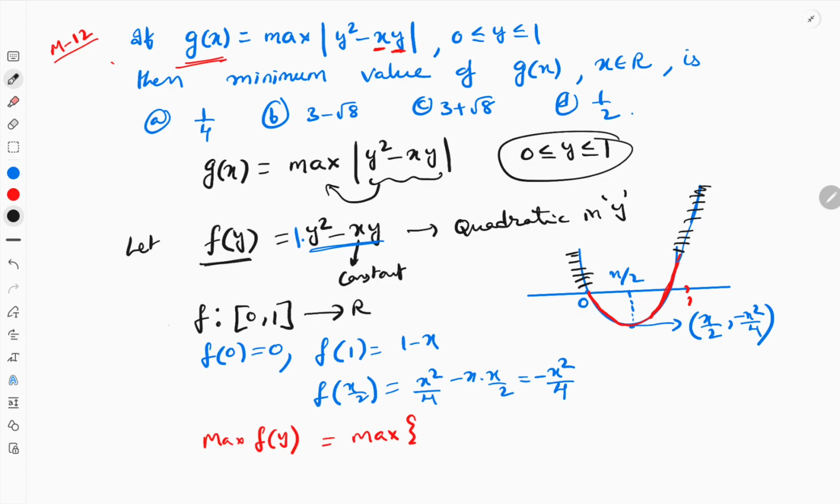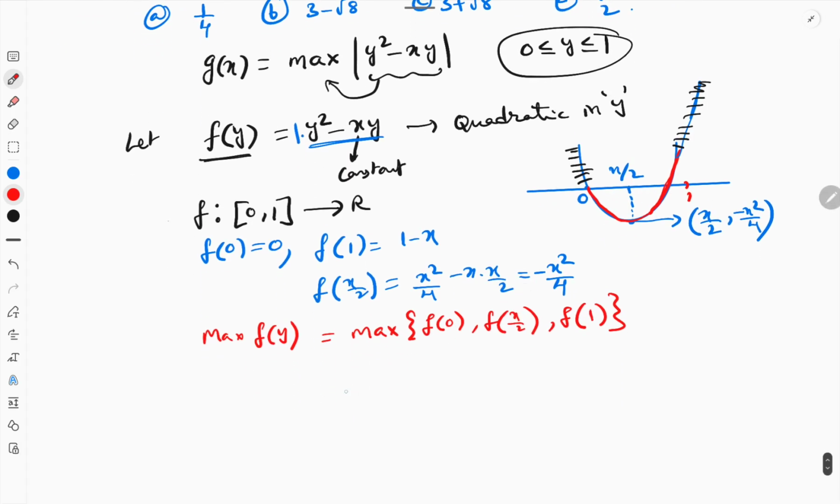Now the maximum is either f of 0, or f of x by 2, or f of 1, whichever is maximum, that will be the function. We already got that f of 0 is 0, f of x by 2 is minus x square by 4, and f of 1 is 1 minus x. We don't know whether 1 minus x may be positive or negative.